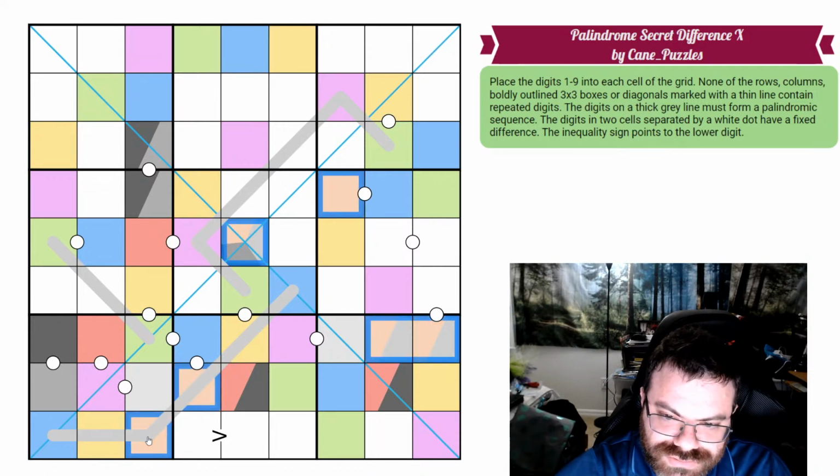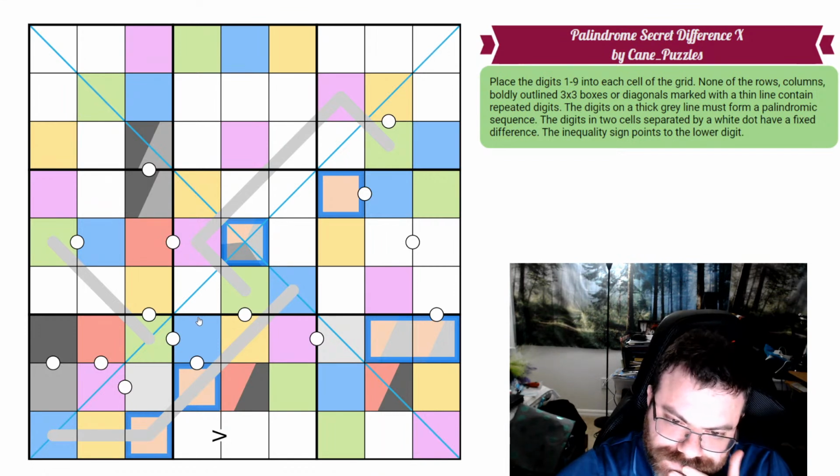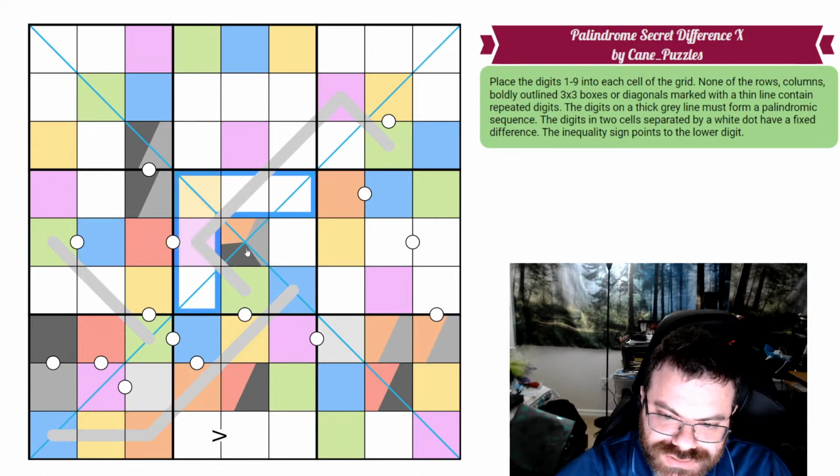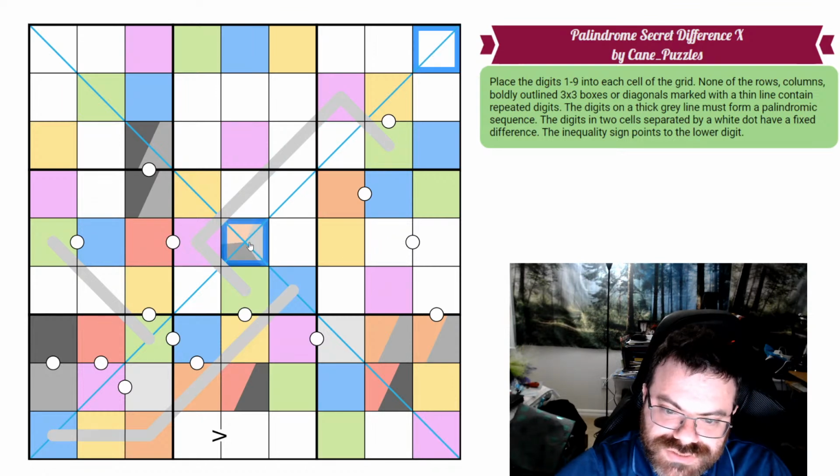Orange? We don't know much about orange, but that doesn't mean anything. Okay, orange in this box is one of these two. Maybe we should ask about where orange goes on the diagonals. Orange is in one of these two on this diagonal.